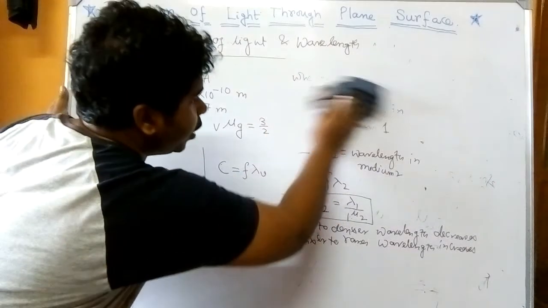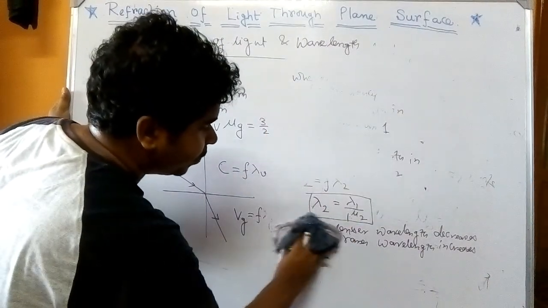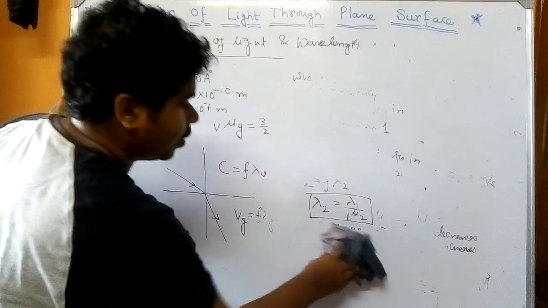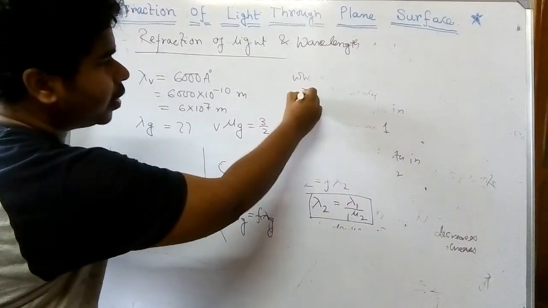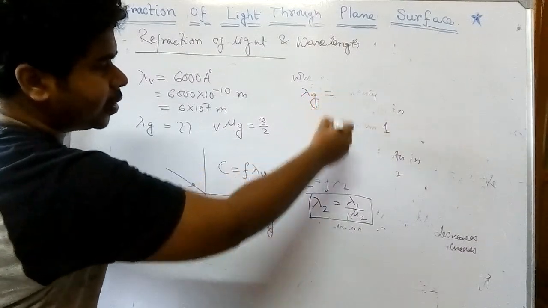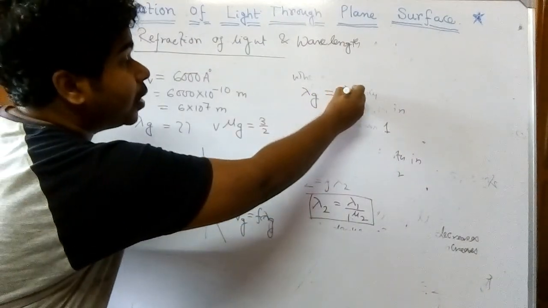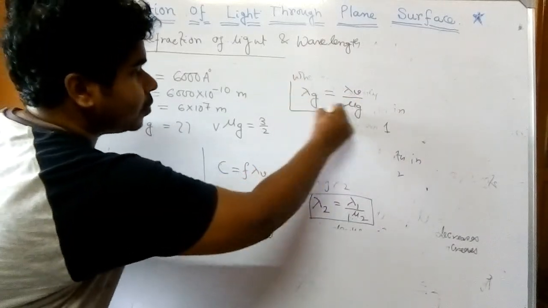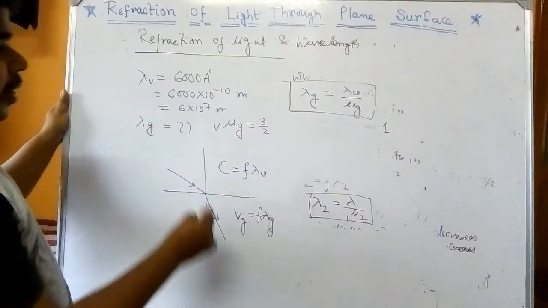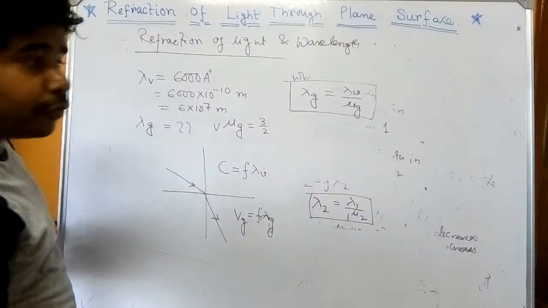So from the equation we have just seen, lambda g equals lambda v by mu g, where mu g is with respect to vacuum.